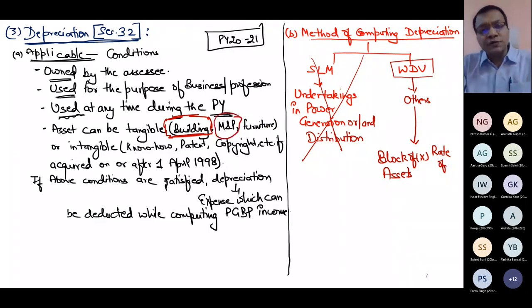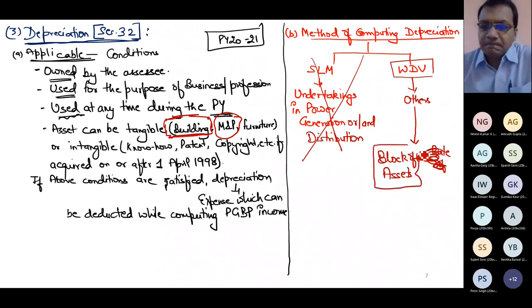Some are having depreciation rate of 15%, some are having 40%. I will merge plant and machineries at 15% in one place, and plant and machineries at 40% in one place, and then I will charge the depreciation. So there is no single asset depreciation concept as far as WDV is concerned. You merge all the assets having the same rate and same category. So total block of asset into rate of depreciation. Let us make it simple: in WDV you charge depreciation on the basis of block of asset. That's it.